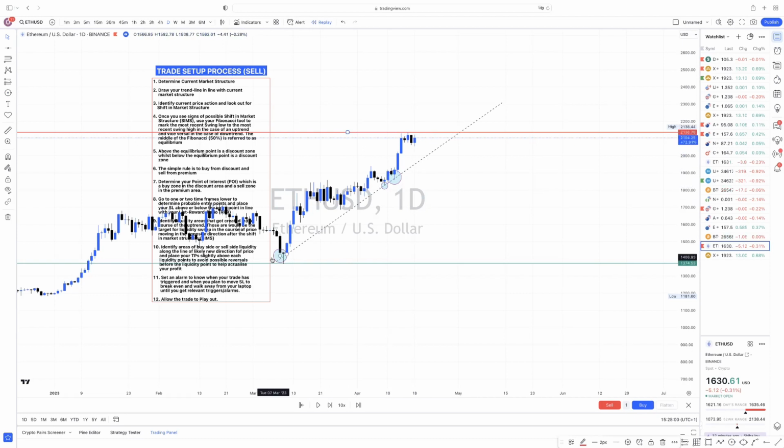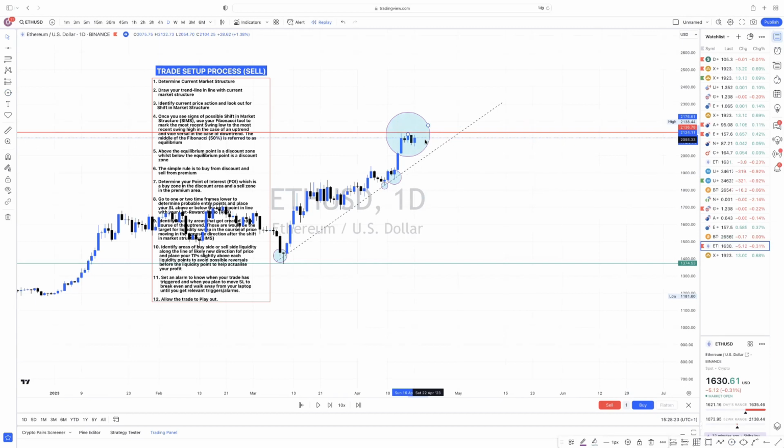I mean, as you can see here and here and here and here, this is a very strong bullish movement. However, the buyers seem to be getting tired when they got to this particular point. This is giving me an indication that there might be a change in market structure anytime soon.